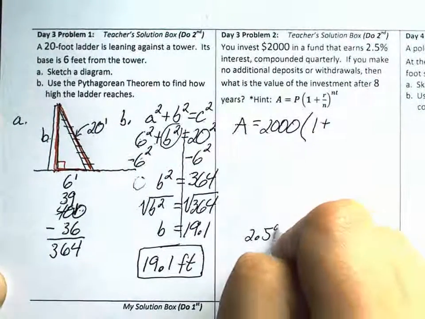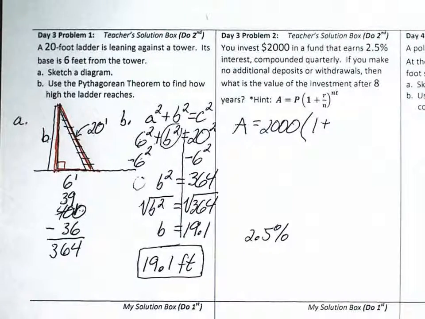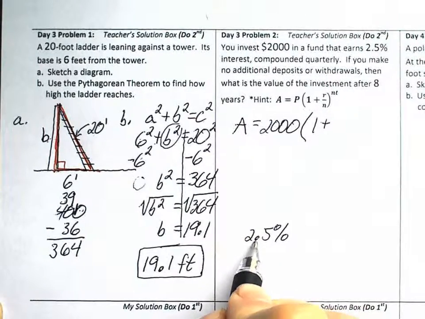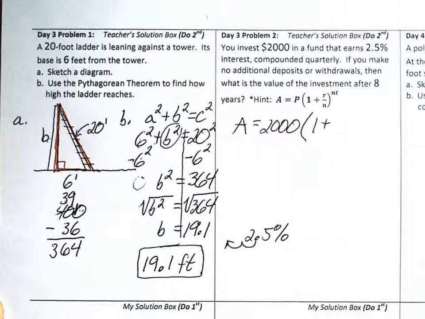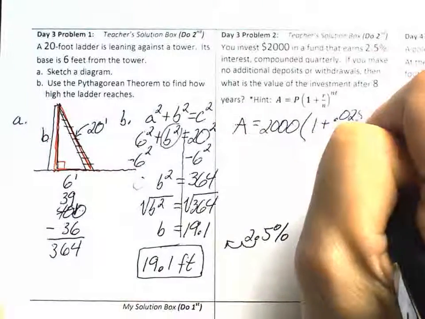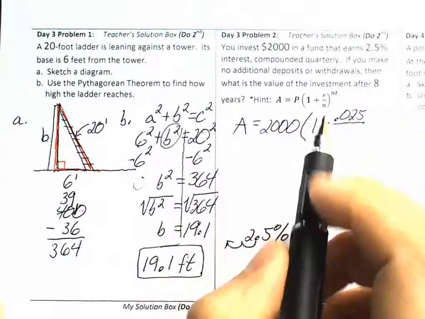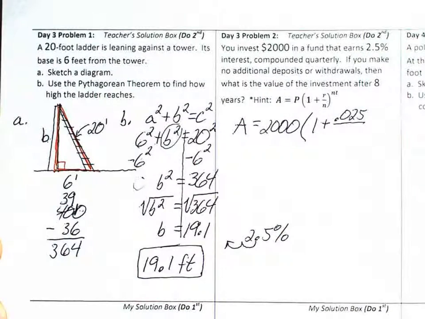We need to rewrite that so that instead of 2.5%, it's a decimal. And you can do that by moving the dot 2 places to the left, and that becomes 0.025. The letter n is the number of times per year that interest is compounded.